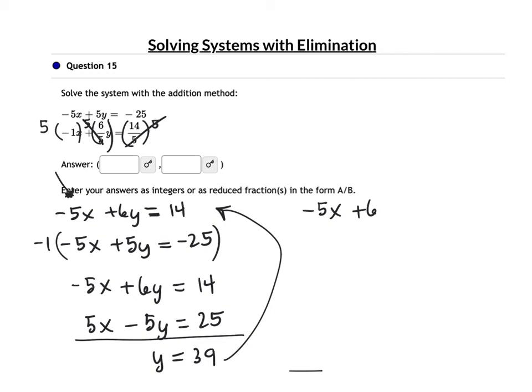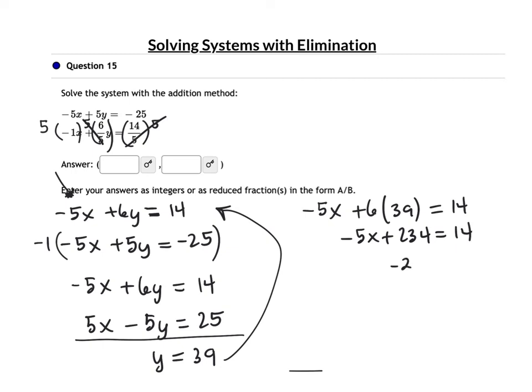I need to plug something in for y, don't I? 39. 6 times 39. So I'm going to have to get out my calculator. Negative 5x plus, and 6 times 39 is 234, equals 14.